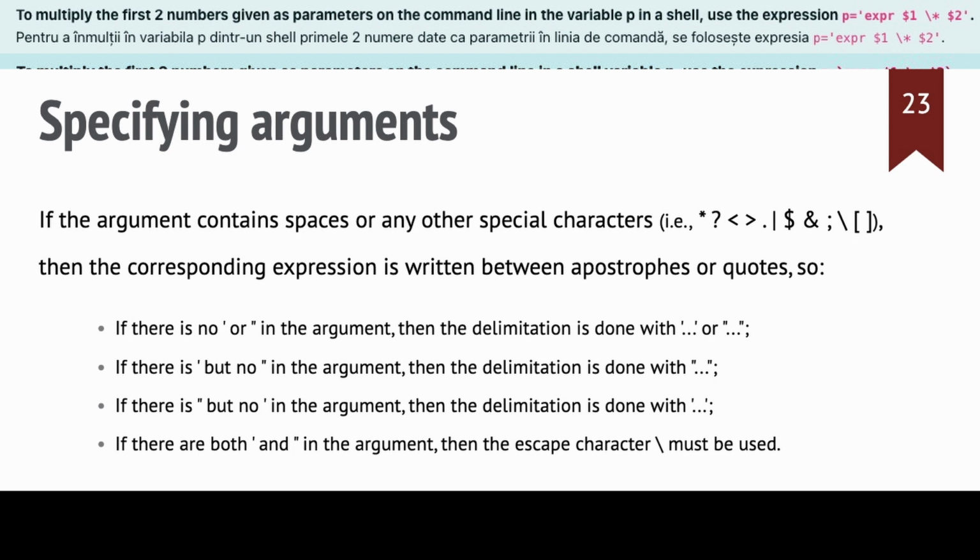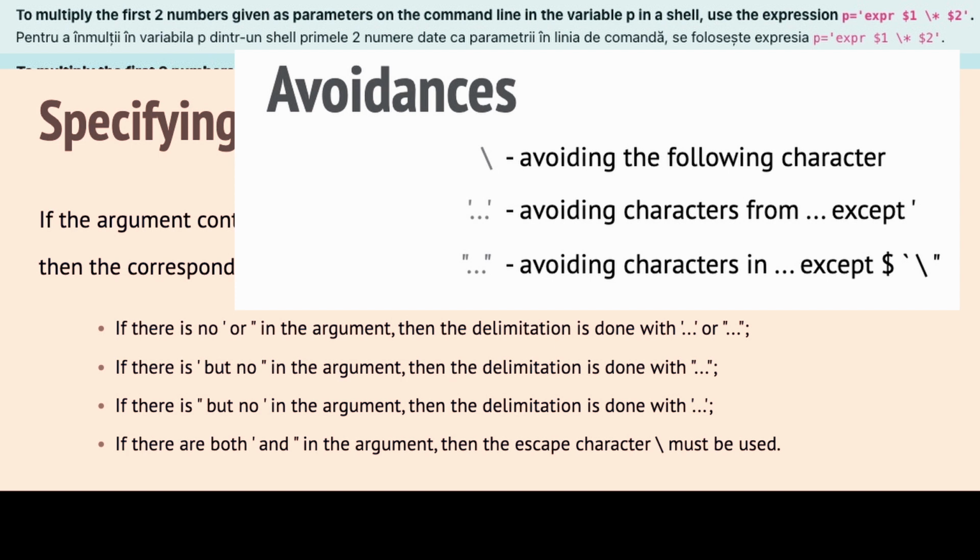And again, in the second lecture on slide 13, we talked about avoidance mechanisms, and we have three types of avoidance: through backslash, single quotes, and double quotes. With single quotes, we avoid the special meaning of any character.